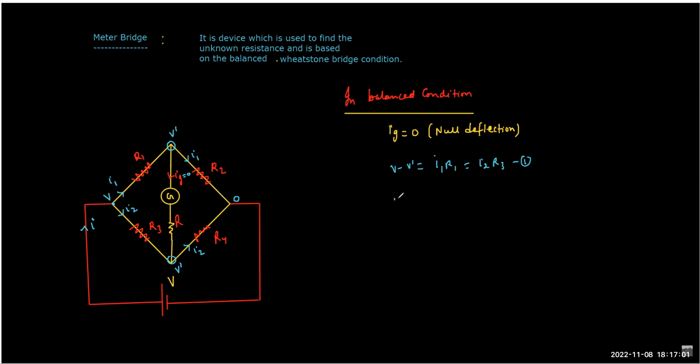And not only that, V minus V dash, you can also write on the right hand side. V dash minus 0, you can write on the right hand side. And how you can write? V dash minus 0 we can write as I1 R2 is equal to I2 R4. And now you can take the ratio, right? 1 divided by 2. The moment you take the ratio, the current will get cancelled out.